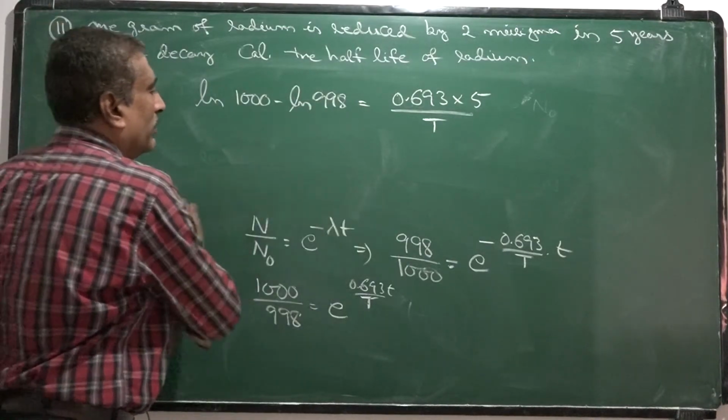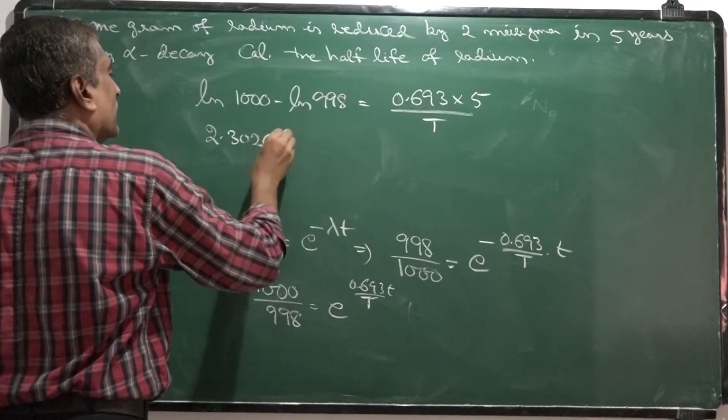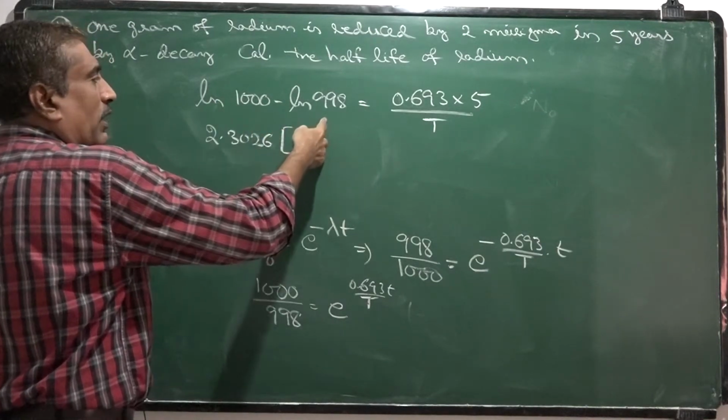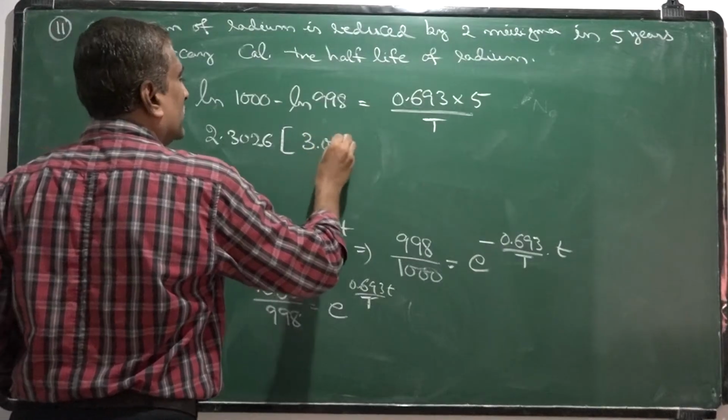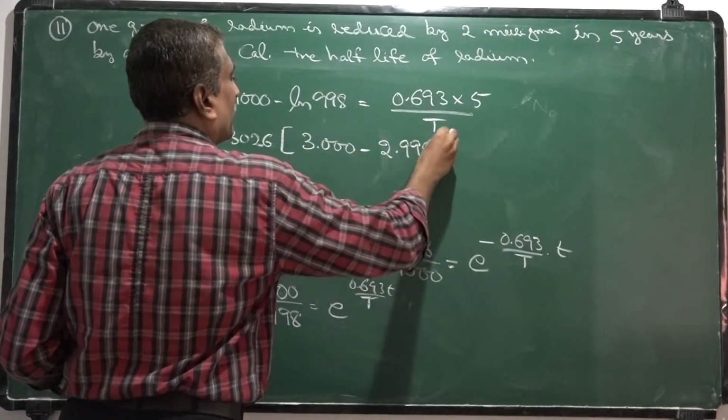So now by logarithms we can write 2.3026 into, by converting them into log tens, 3.000 minus 2.9991.